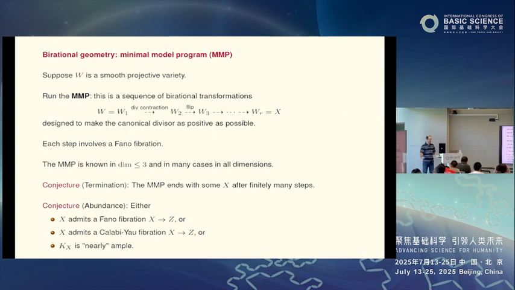This is one of the main outcomes. So assuming that everything works for this program, in the end you get a space, and this space will have the following form, as in the conjecture I state at the end. Either this space at the end admits a Fano fibration, or a Calabi-Yau fibration, or it becomes completely positive.